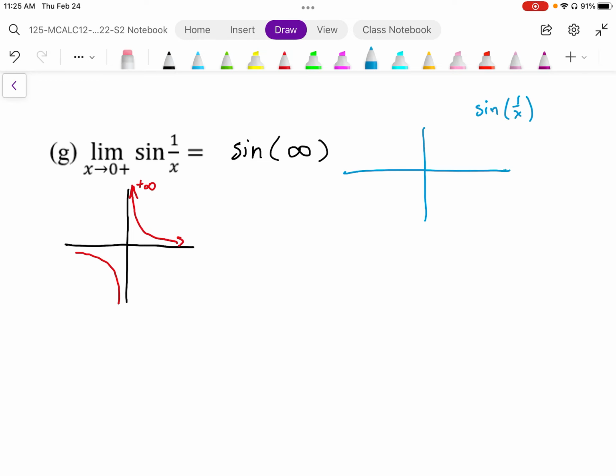As we go to 0, it's going to go slowly at first, up and down, but then as we get closer, it's going to go up and down between -1 and +1. The problem is, although it's staying between -1 and +1, a limit doesn't exist unless it focuses in on one value. So in this case, we say the limit does not exist.